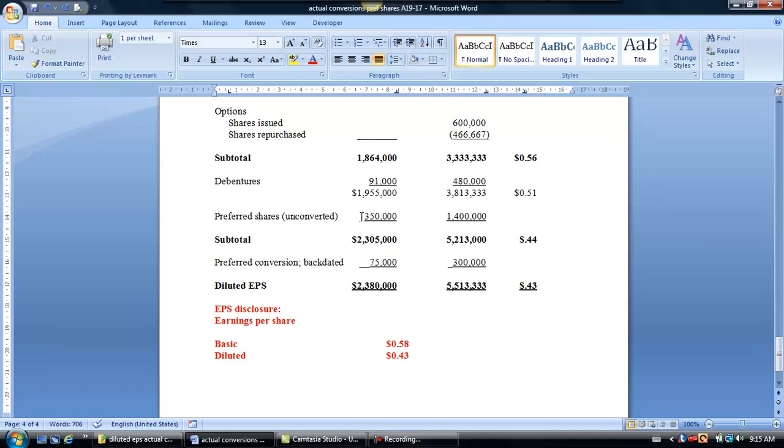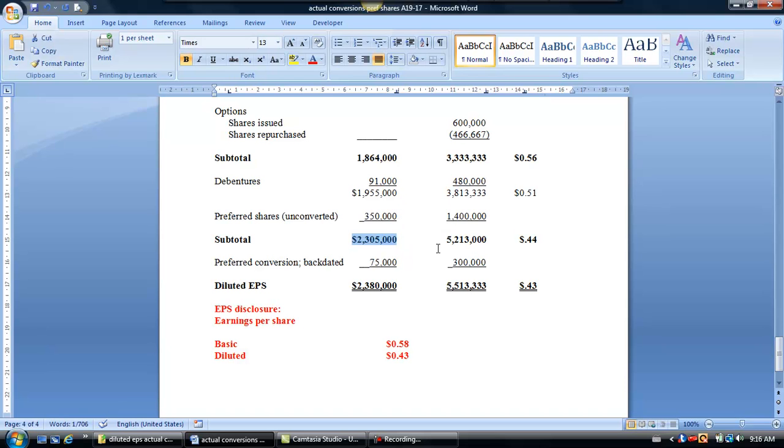Because don't forget, on those 350,000 shares that are sitting in your balance sheet at the end of December, they would have been paid a $1 per share dividend. If they had been converted, we wouldn't have paid that. So that would have been an extra 350,000, or 350,000 preferreds times $1 per share, available to the common shareholders, which means cumulatively they would have had this plus this, which would have given them access to 2.305 million, right?